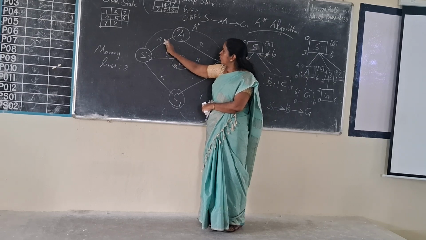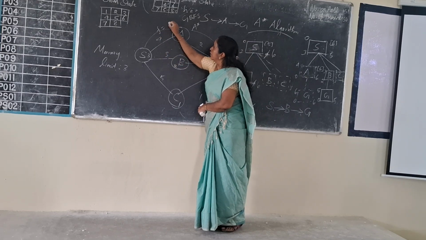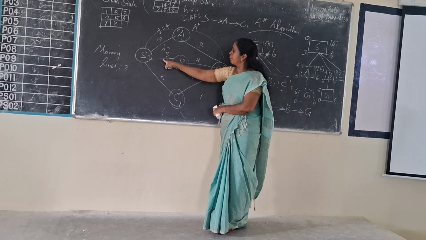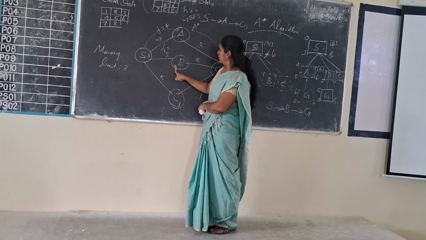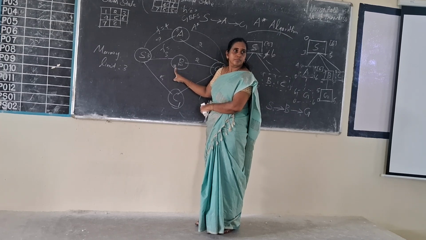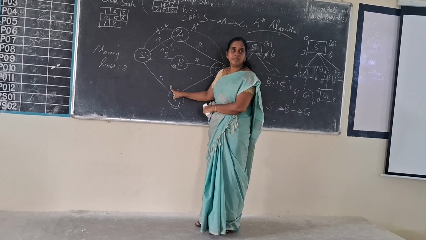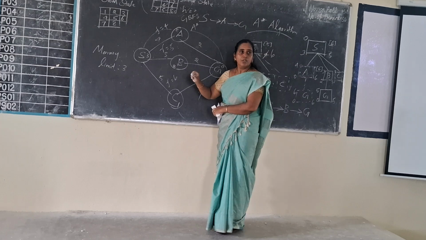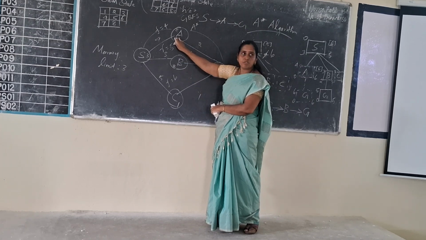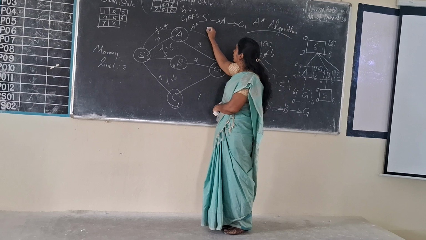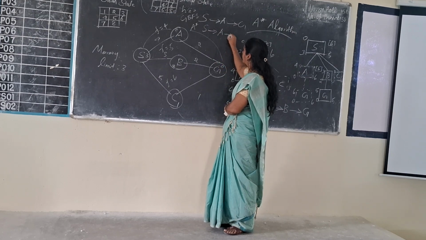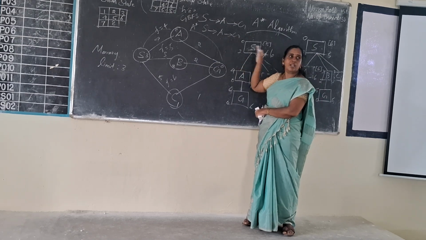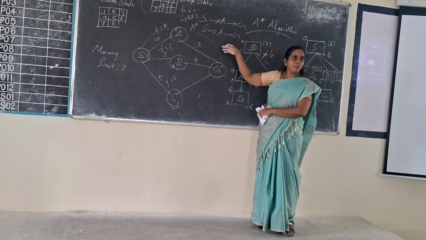So for this path the F value is 0 plus 4. In this path the F value is 3 plus 2, 5. Here 5 plus 1, 6. So when you compare these three values, the minimum value is this path. So it will choose A. So S to A, then A to G. So both the greedy best-first search algorithm and the A star algorithm provide the same solution.